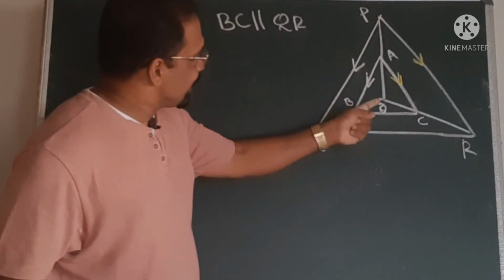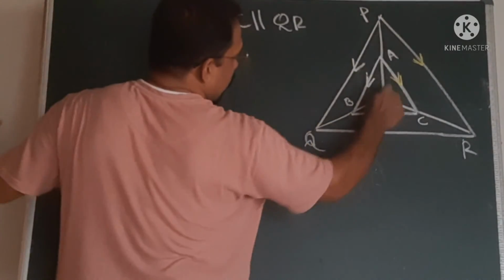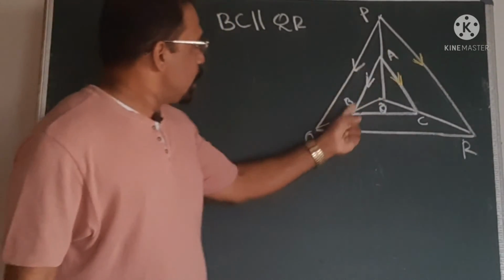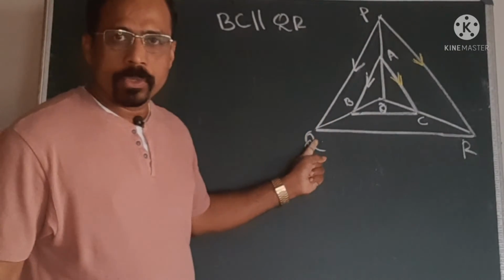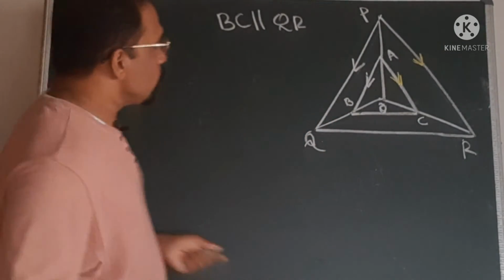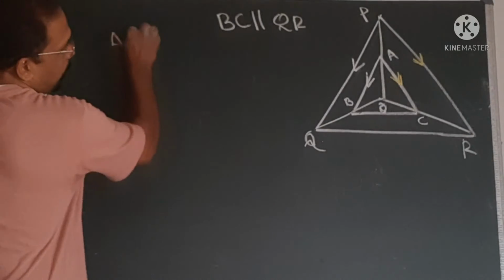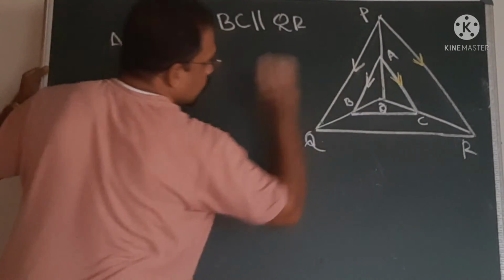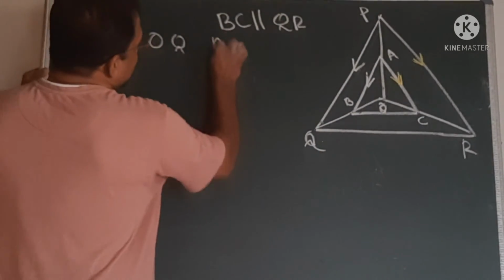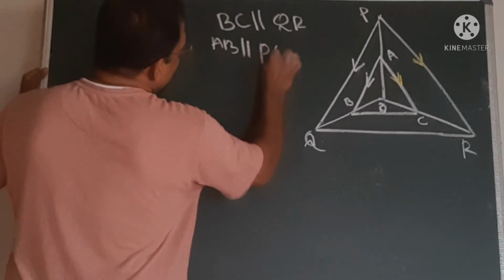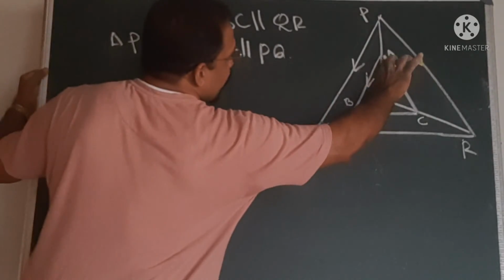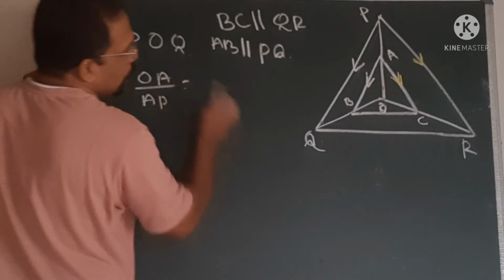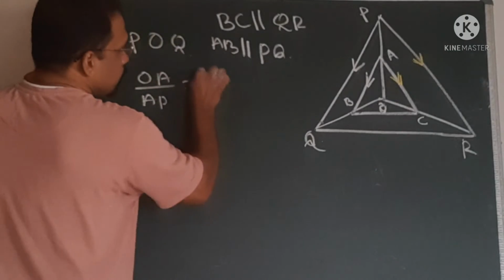Now, first of all, consider this triangle, that is POQ. What is given to us is AB is parallel to PQ, so we can apply the basic proportionality theorem. So in triangle POQ, since AB is parallel to PQ, we can say that OA by AP is equal to OB by BQ.